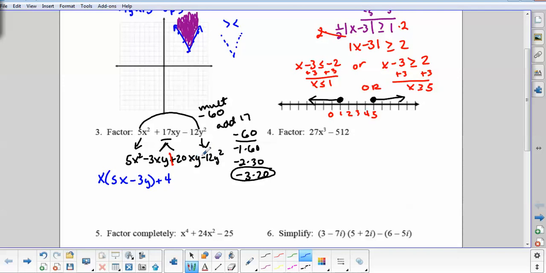Only one of the terms has an x, but they both have a y, so I'm going to take 4y out. 4y times 5x would give me 20xy, minus 4y times 3y would give me -12y squared. So the insides of my parentheses are right, which means that's one of the factors, 5x minus 3y. And then the second factor comes from the outside, x plus 4y.